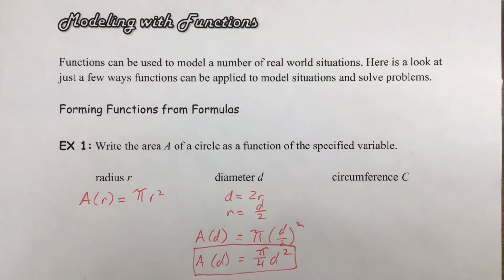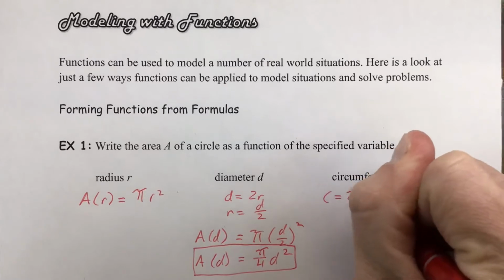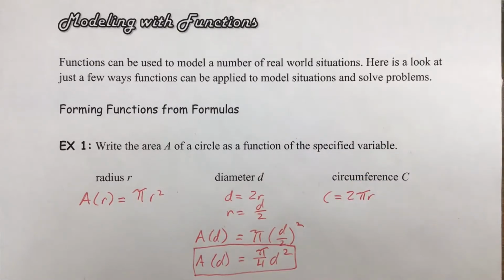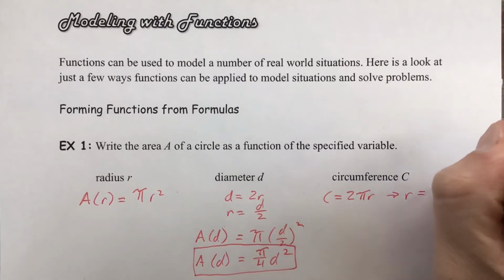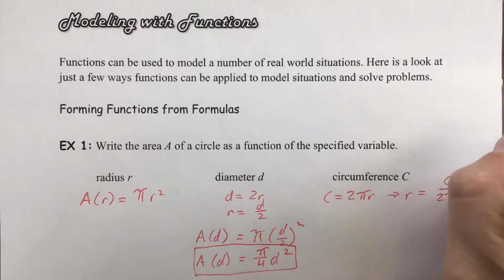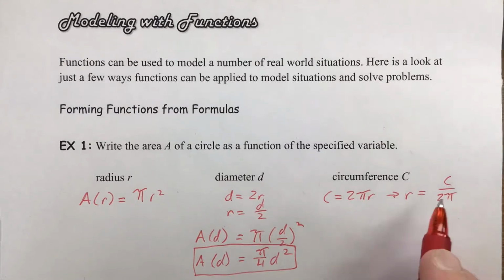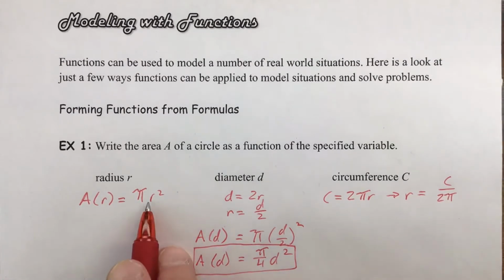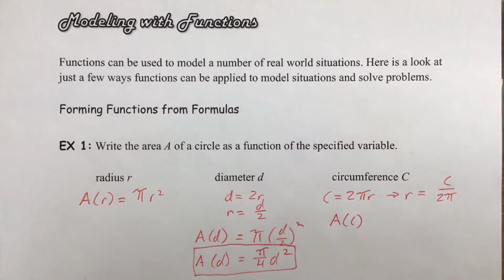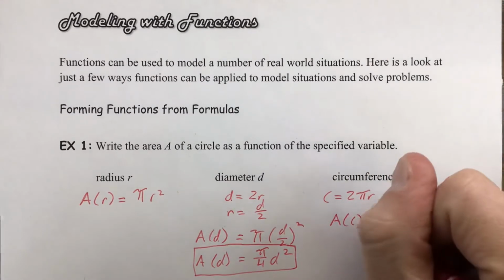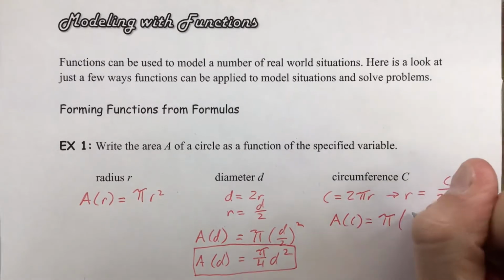For the circumference, C is equal to 2 pi r. That would lead us to having the radius is equal to circumference divided by 2 pi. So we'll substitute that in for the r. The area with respect to circumference is going to be equal to pi times this squared.